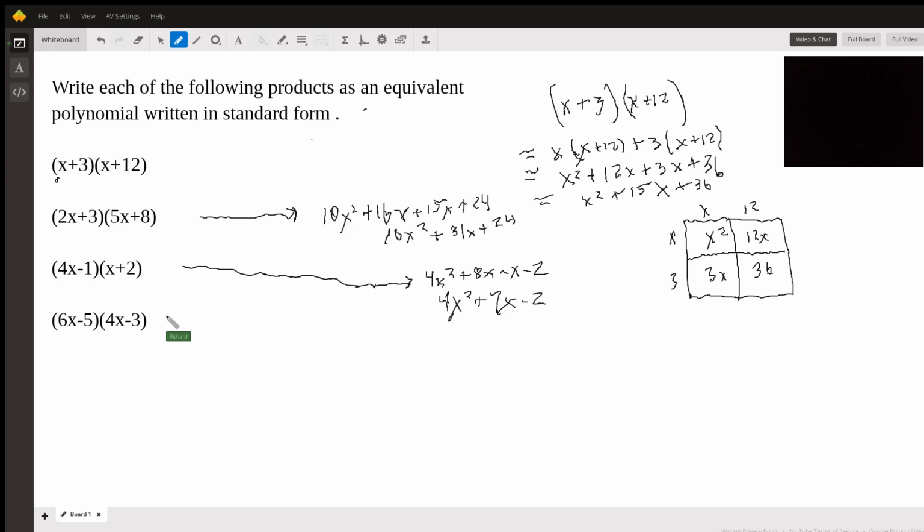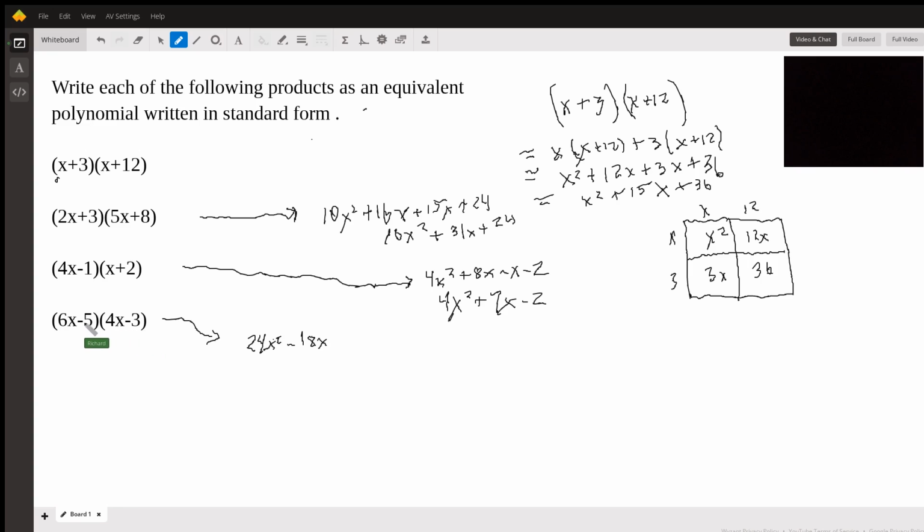Okay, and then just one more, and we're done. So 6x times 4x is going to give me 24x squared. And then 6x times negative 3 is negative 18x. So that's the 6x distributed against the 4x minus 3 there.